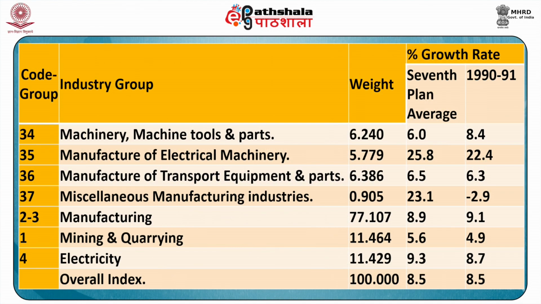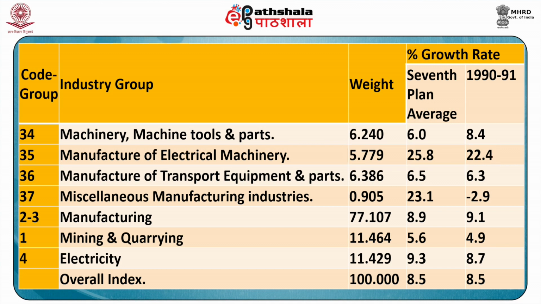Next is machinery, machine tools and parts. Its weight was 6.240 with a growth rate in the 7th 5-year plan of 6% and 8.4% in 1990-91. Next, manufacture of electrical machinery.